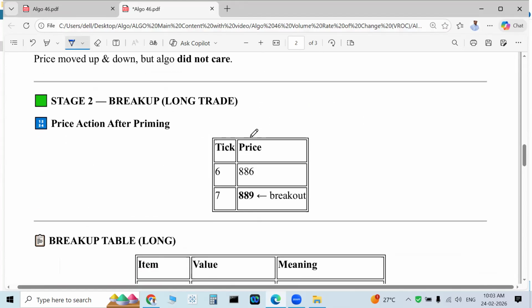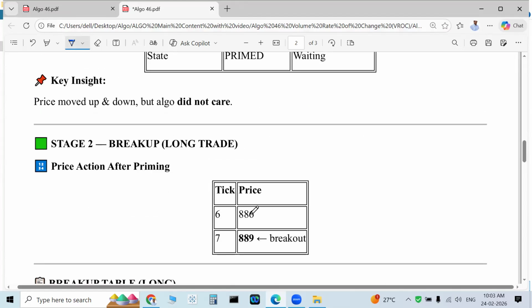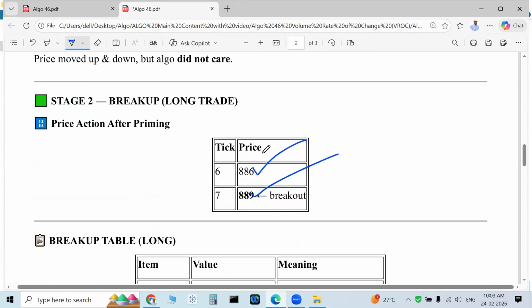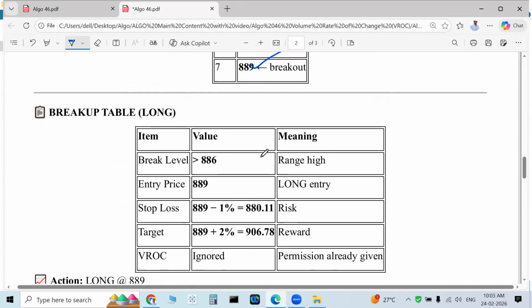So suppose at the 6th price nothing happens, but the 7th price coming from the market is above the range which we have decided, that is 886. So now we are going to take a long position because there is a breakout at the high range, and we're going to enter the trade at 889.